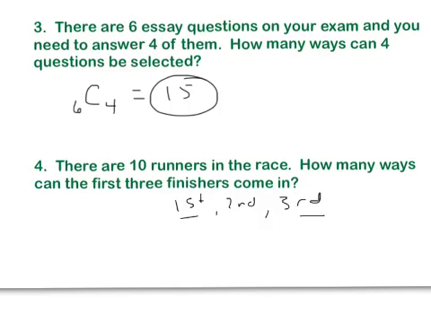So in this case, I'm looking at permutation. So I have the permutation of 10 things taken 3 at a time. And I get 720. So there are 720 ways of coming up with a first, second, and third place when I have 10 runners.